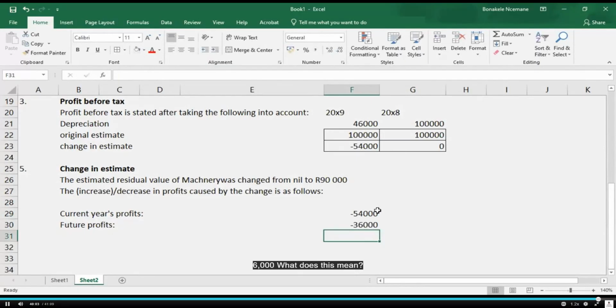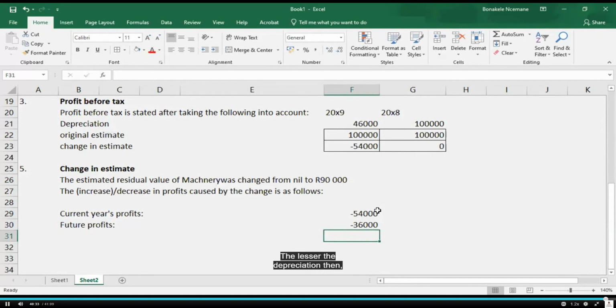Whenever you are depreciating, the amount of depreciation is an expense that reduces the profit that you will show in your profit before tax, isn't it? However, because the residual value changed as it increased, it will forever affect the depreciation both in the current and the future year.